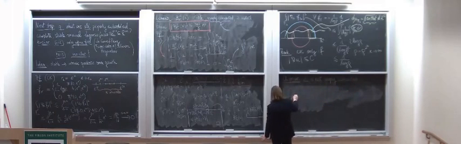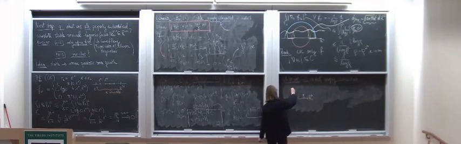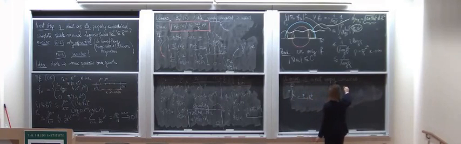So if this is sigma, and I call phi the embedding of sigma into R3, I can just take the universal cover of sigma, which I may call sigma tilde. So let me call pi the projection. So let sigma tilde, pi be the universal cover.